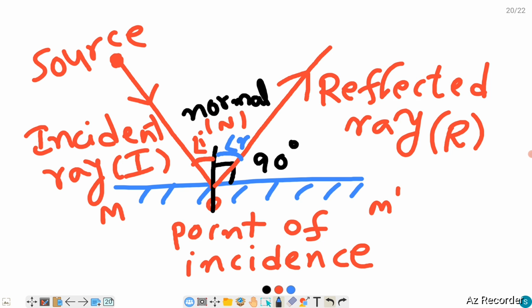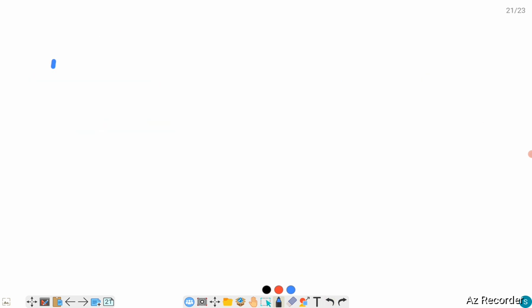Okay. Now, incident ray, reflected ray and the normal at the point of incidence all lie in the same plane. That is the first law of reflection. Understood? What is the first law of reflection?